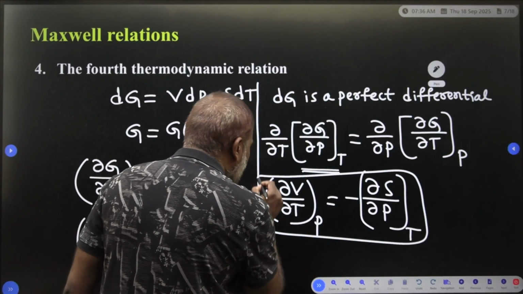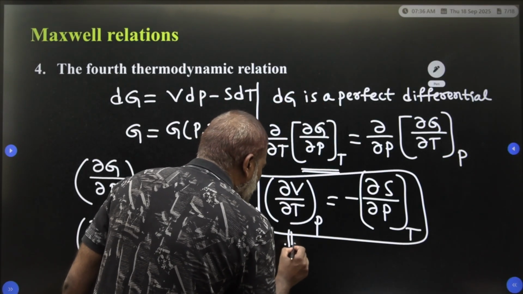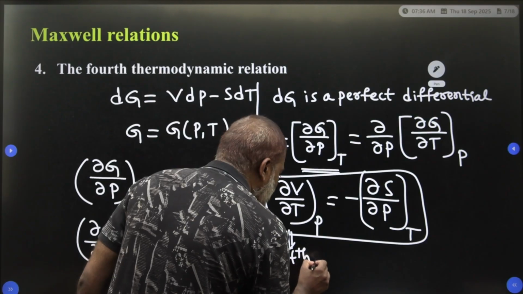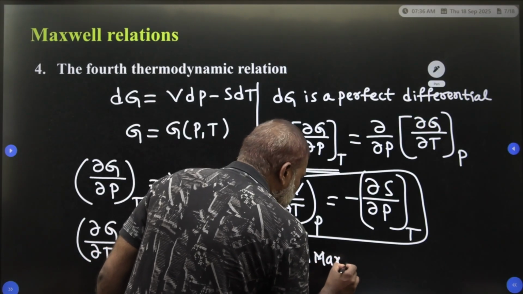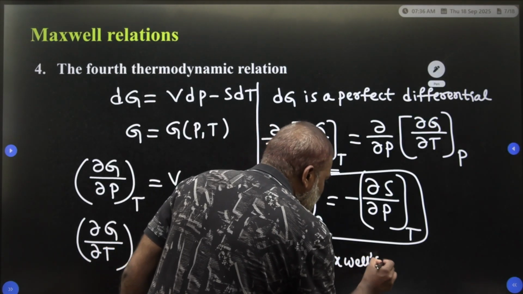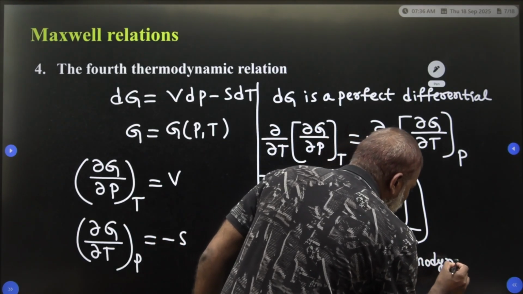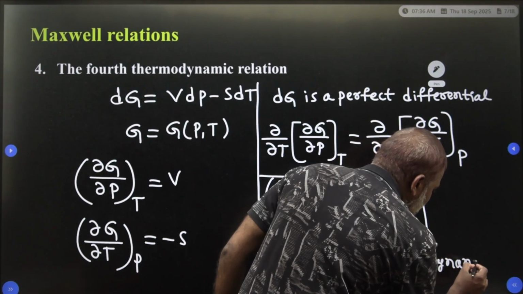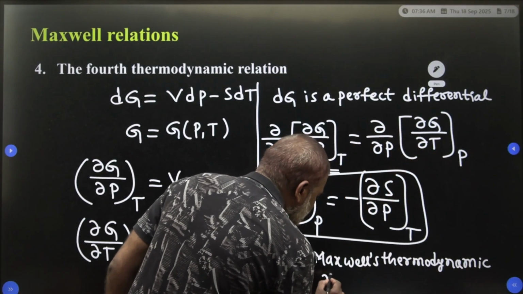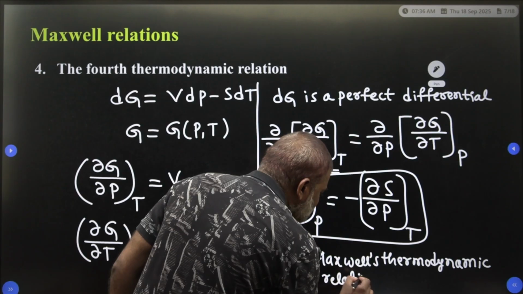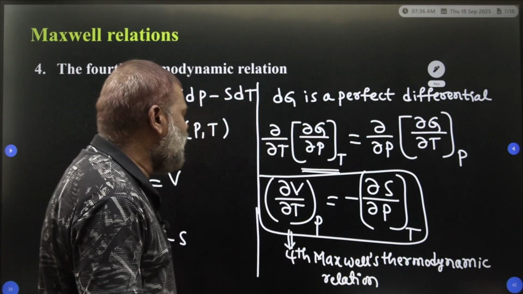This expression we are going to take as the fourth Maxwell's thermodynamic relation.